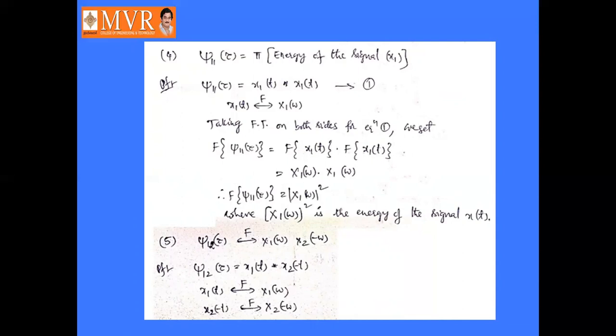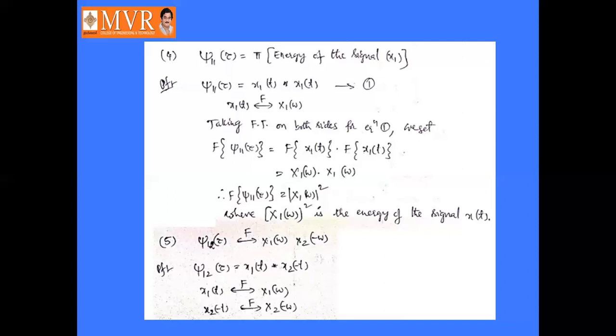So taking the Fourier transform on both sides, we get the Fourier transform of J11 of tau is equal to the Fourier transform of x1 of t into the Fourier transform of x1 of minus t. That is nothing but X1 of omega into X1 of minus omega. Therefore the Fourier transform of J11 of tau is equal to mod X of omega whole square, which is the energy of the signal x of t.